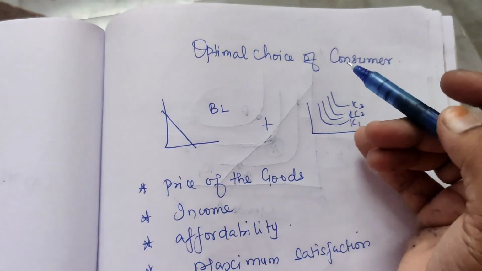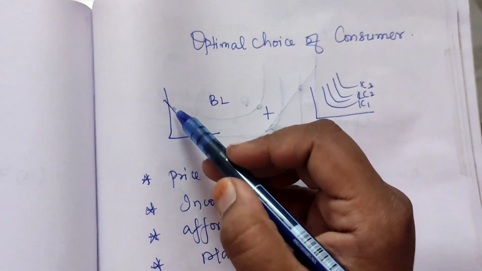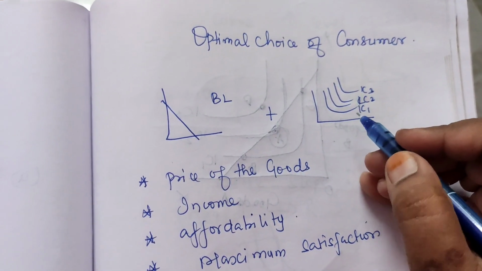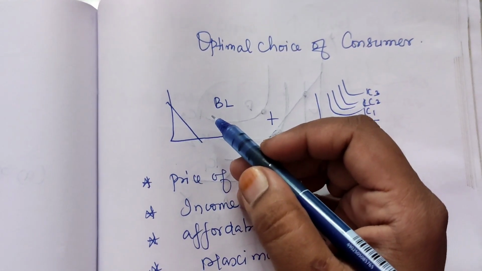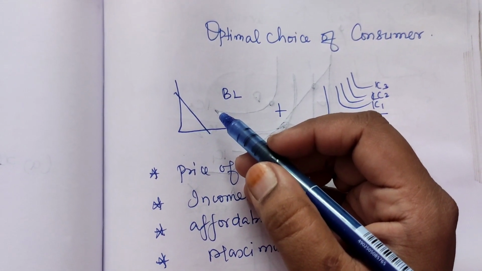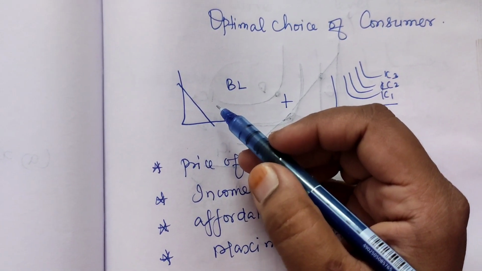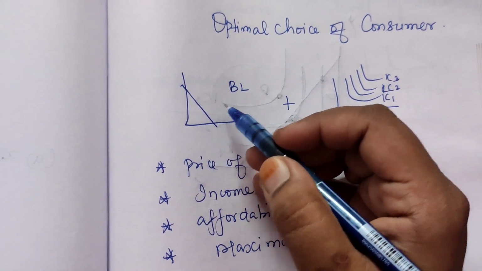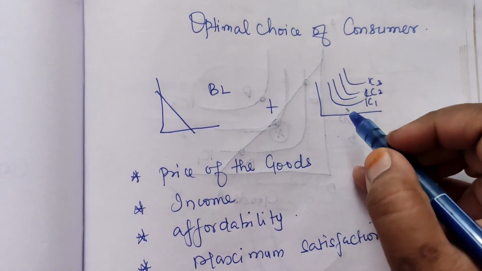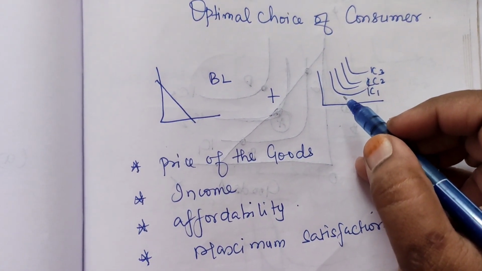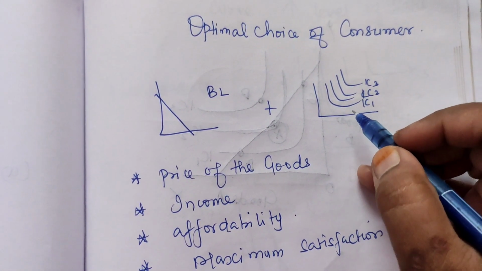The optimal choice of a consumer is the combination of the budget line and the indifference curve. The budget line shows the bundle of combinations of goods the consumer is able to pay for, as per his income. The indifference curve is the locus of combinations of goods which give him an equal level of satisfaction.